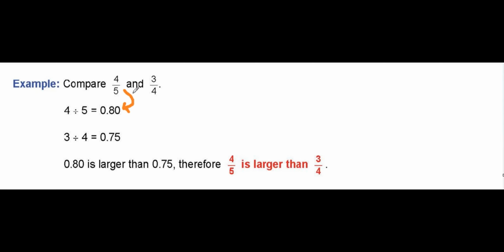Okay? The next fraction is 3/4. The numerator of 3/4 is 3. The denominator of 3/4 is 4. We divide the numerator by the denominator. 3 divided by 4 equals 0.75.